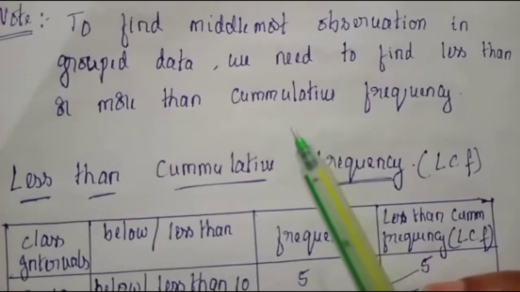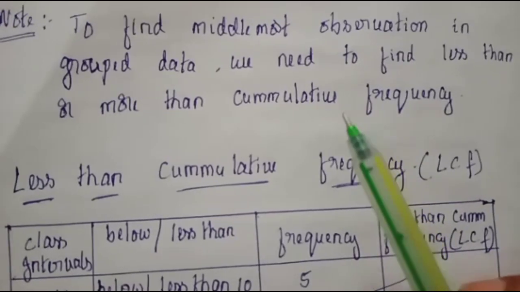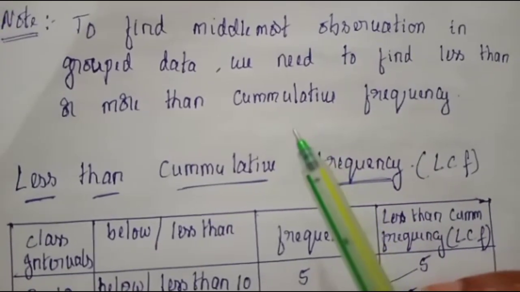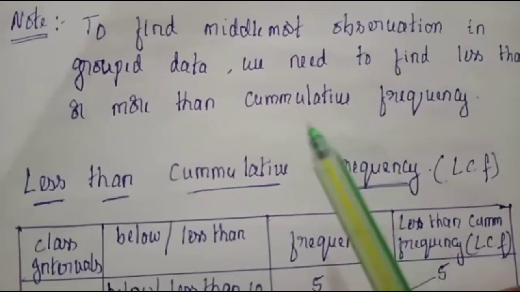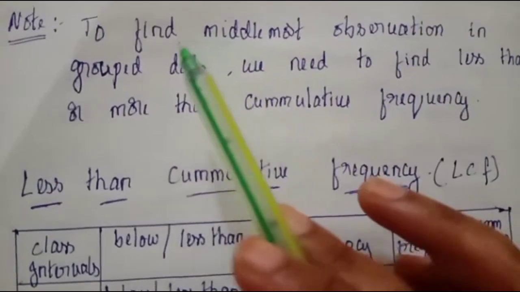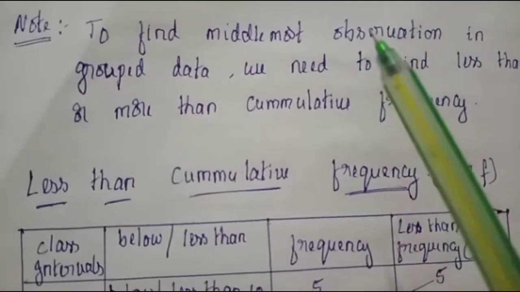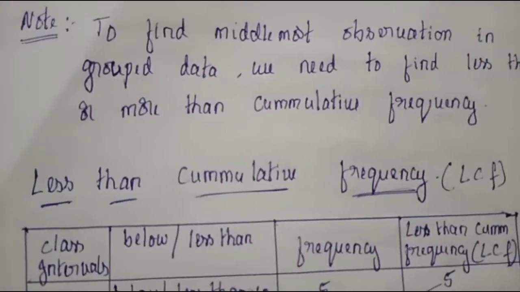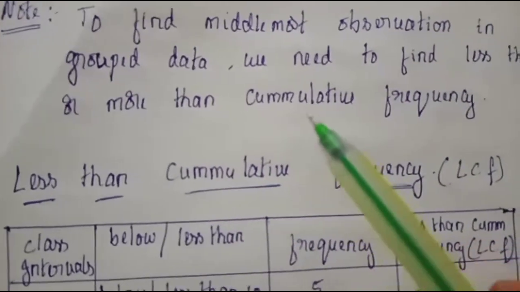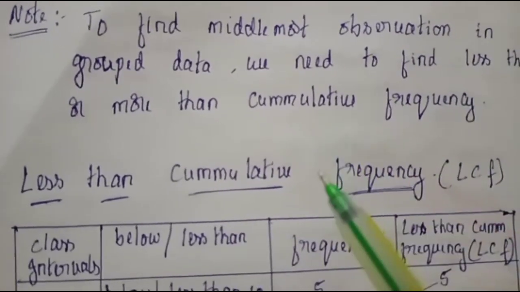But when the number of observations is even, we get two middlemost observations and we take an average of that. But when grouped data is given, how do we find the middlemost observation? Because here we have class intervals and frequencies, so it is very difficult to find the middlemost observation individually.